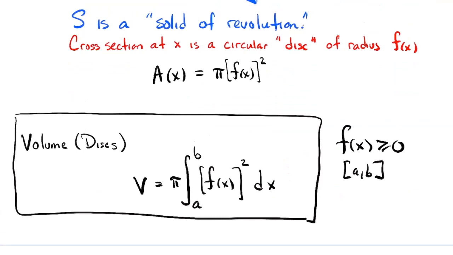Hopefully it makes sense. I brought the pi through the integral because it's a constant, which makes the formula look prettier. But pi times f of x squared is the A of x, and A of x times dx gives volume.